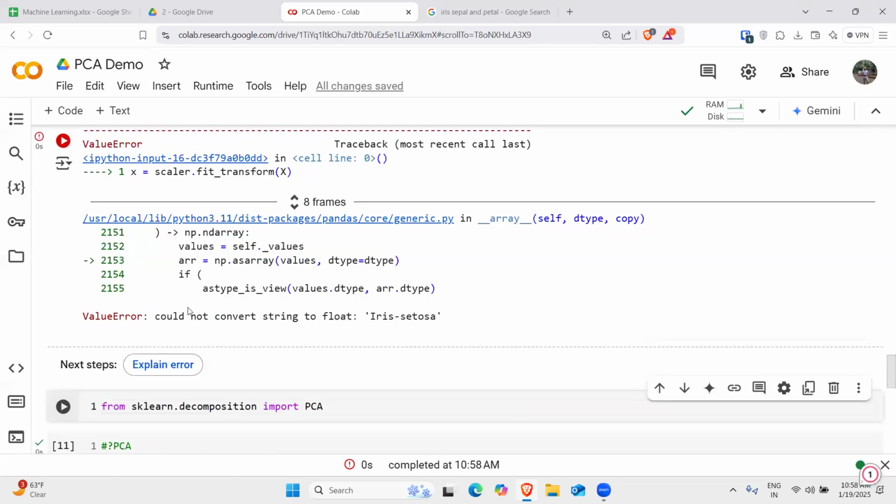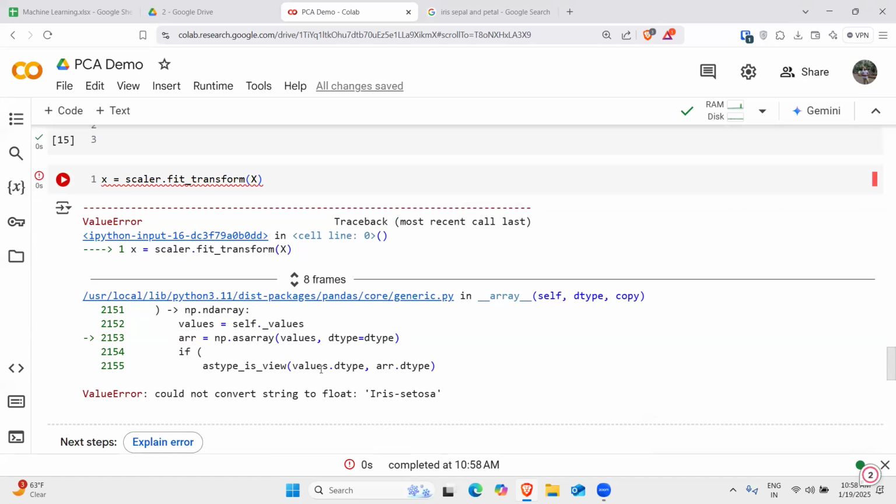So if you just find, could not convert string into float. Okay.